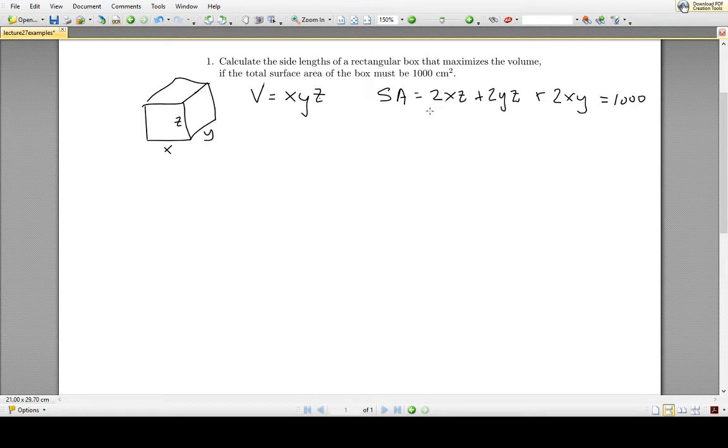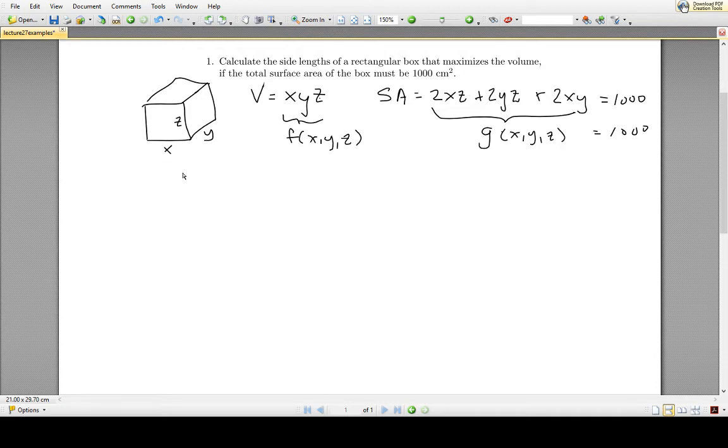So I'm going to let this be my function g of x, y, and z, and I'd like that to be equal to 1,000. And this is my function f of x, y, z. This is the function I'm trying to maximize, and this is my constraint.